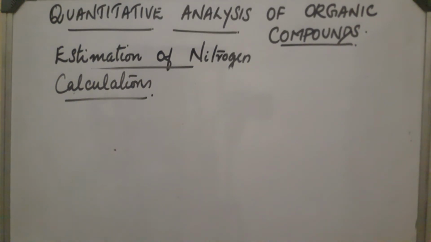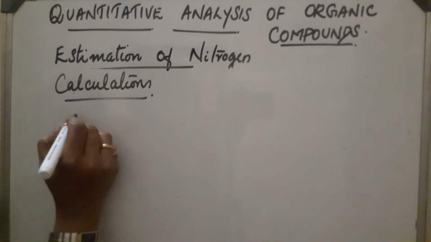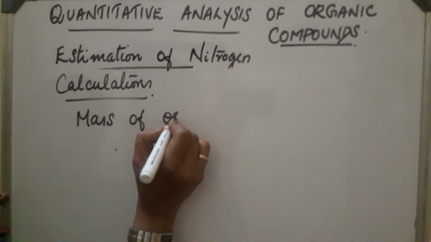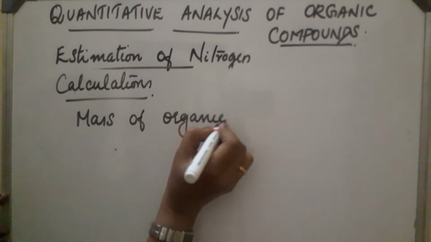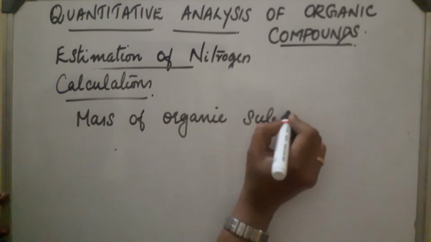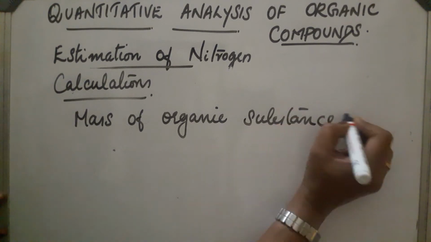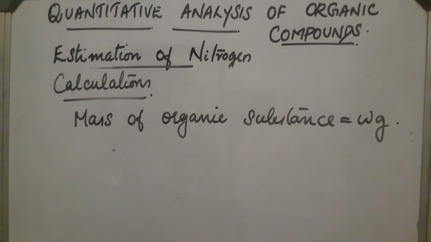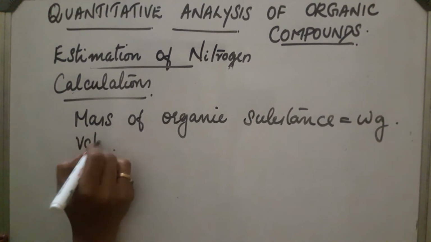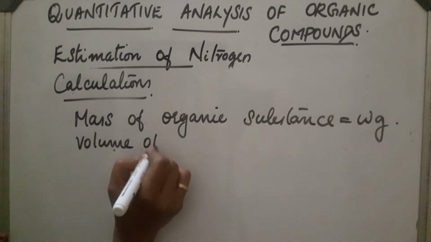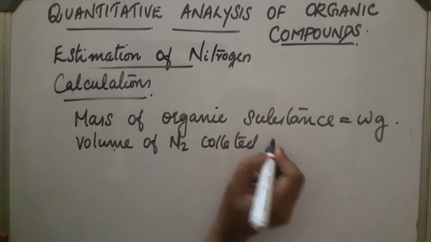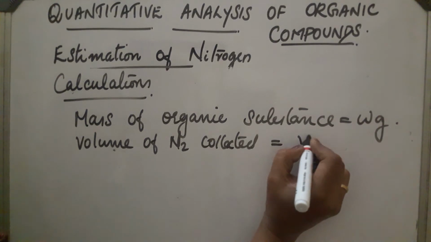First, let the mass of the organic substance be W gram. Now, the volume of nitrogen collected in the graduated tube is a known volume. Let it be V1.